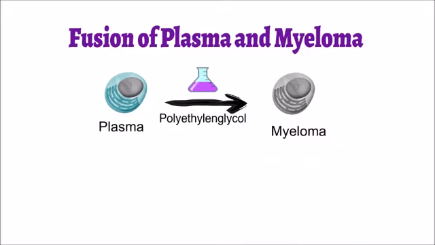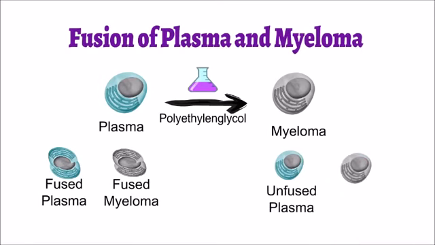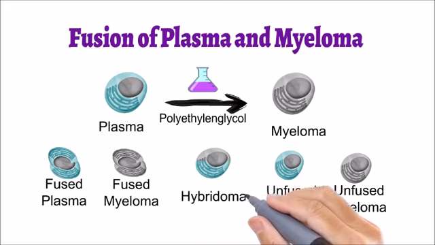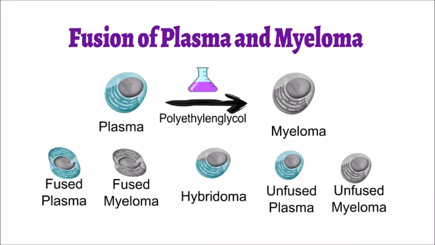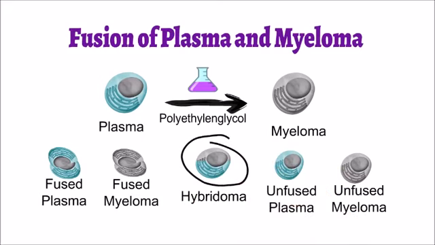Since the fusion procedure is random, it is not the case that plasma cells will always fuse with myeloma cells, and therefore at the end of the fusion procedure 5 different types of cells are produced: fused plasma cells, fused myeloma cells, unfused plasma cells, unfused myeloma cells, and the most important, hybridoma cells. Among these 5 cells, we are only interested in the hybridoma cell, and therefore the next step is the selection of hybridoma.